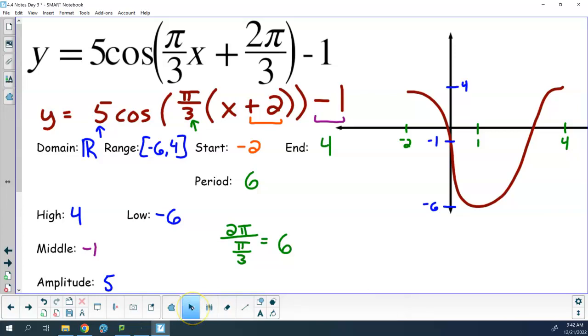This needs to be moved over just a little bit. There. Halfway between 1 and 4. Right? Good.